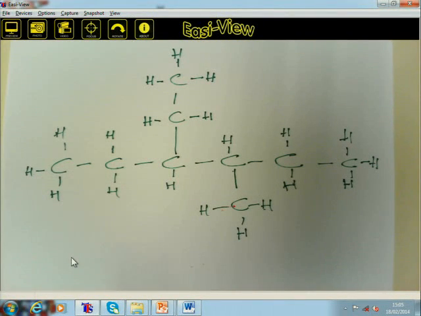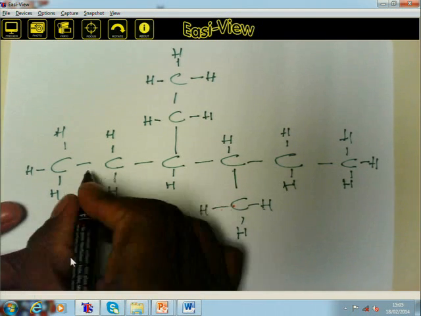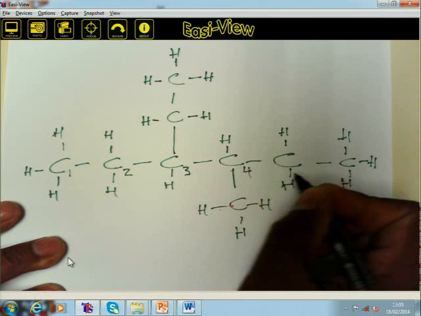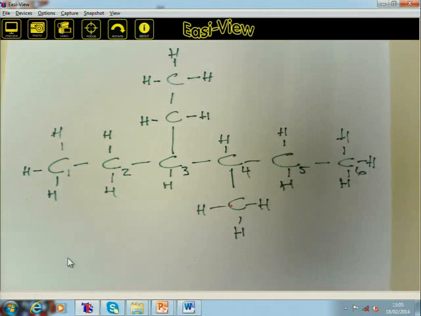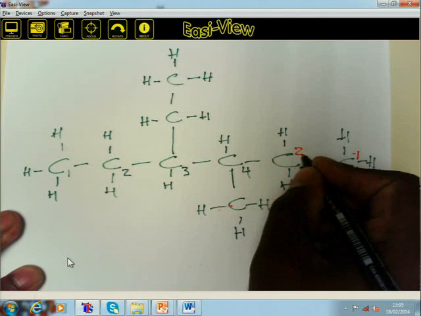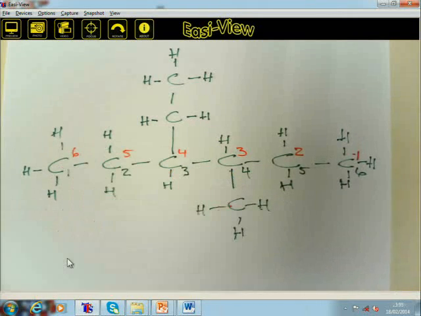So we said after identifying the long chain, we number the carbons in the parent. And then we'll number them 1, 2, 3, 4, 5, 6. And then I said to you, after doing that, you must also number it the other way around. 1, 2, 3, 4, 5, and 6.